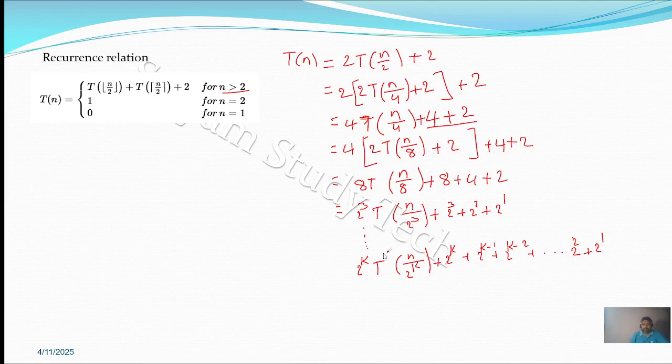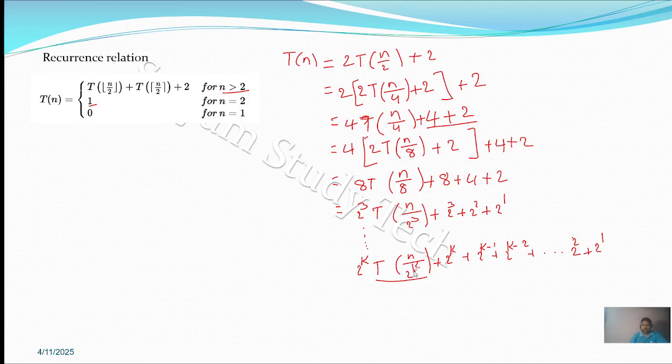So here the small problem means, if the array consists of only one element, zero comparisons are needed. For example, if the array consists of two elements, then only one comparison is needed. So here you can apply the same thing. At a certain point the problem is small, that means only two elements are there.